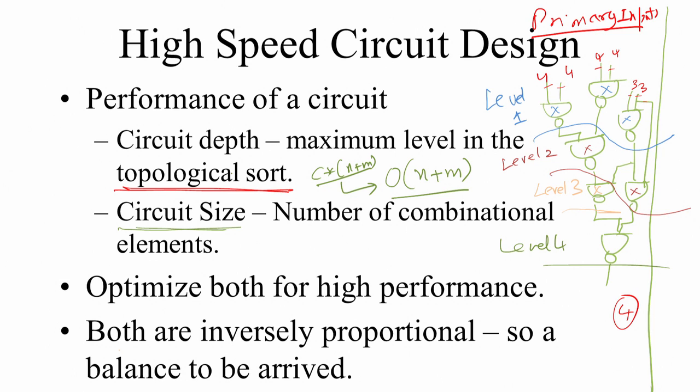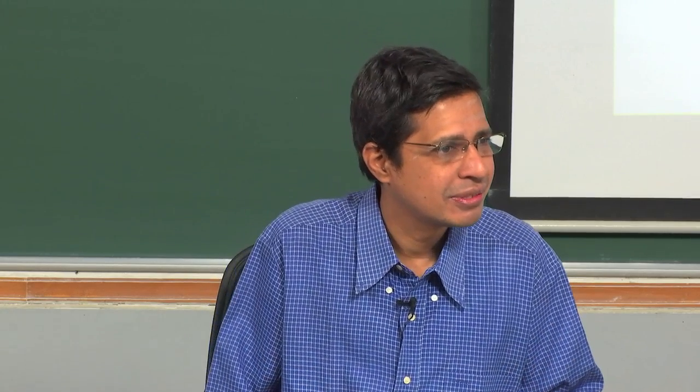Now, what we need to do when we try to do a high speed circuit design is that we optimize both for the size and for high performance. I need to have the size of the circuit to be less and I should also have the depth of the circuit to be less, right.